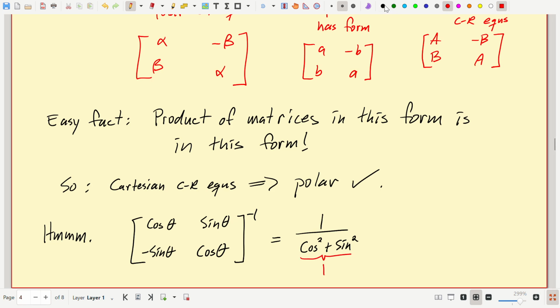Remember, the inverse of a 2 by 2 matrix: you swap the diagonal elements when you take an inverse, and then you put minuses in the other spots. So these are minuses.